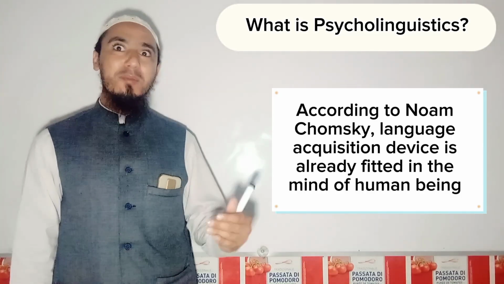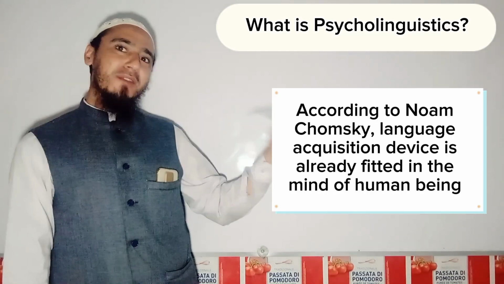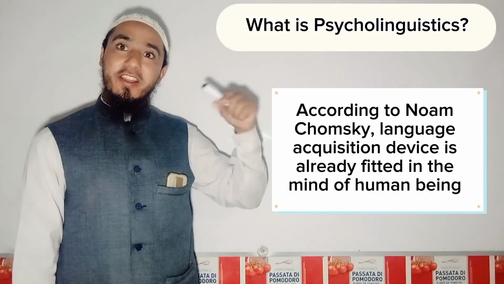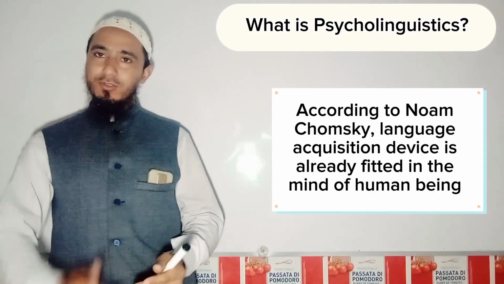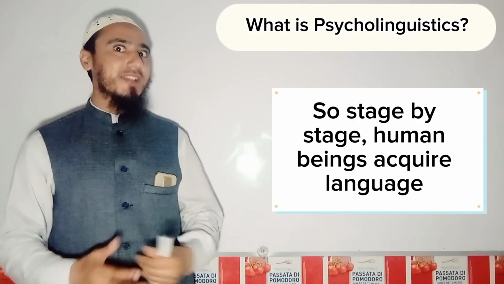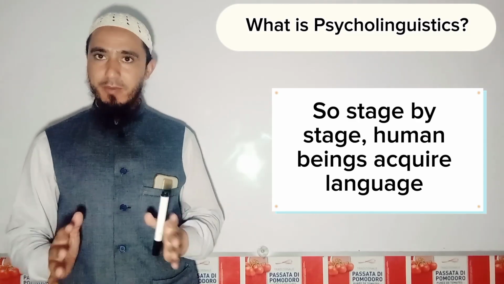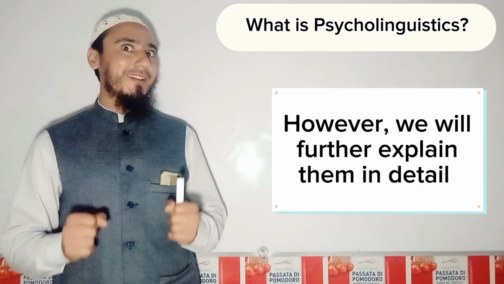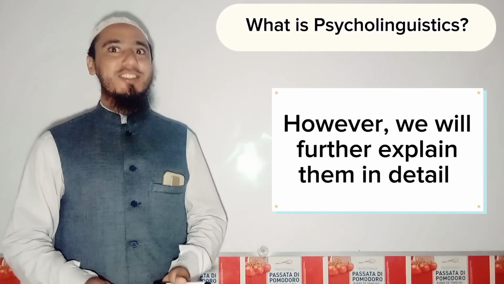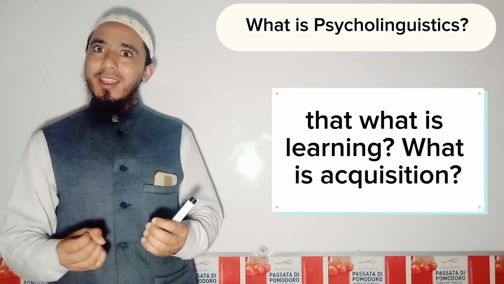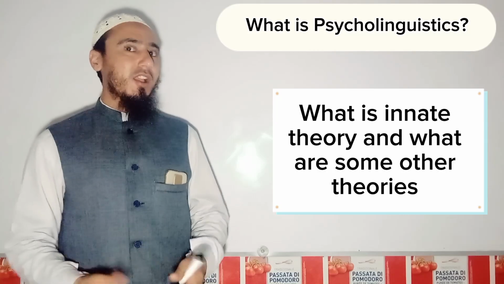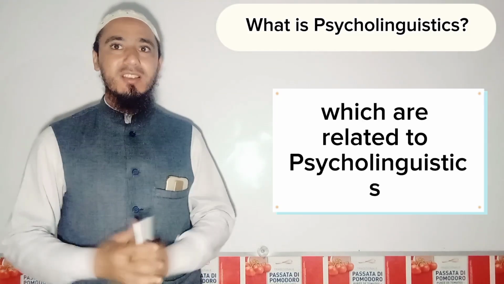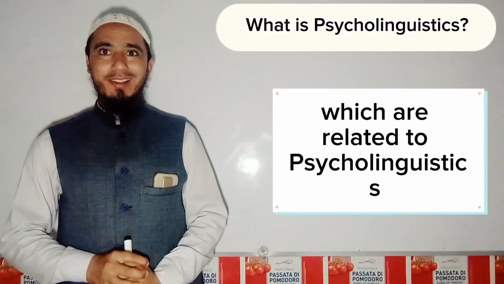According to Noam Chomsky, the language acquisition device is already fitted in the mind of human beings. So stage by stage, human beings acquire language. However, we will further explain them in detail, what is learning, what is acquisition, what is innate theory, and what are some other theories which are related to psycholinguistics.